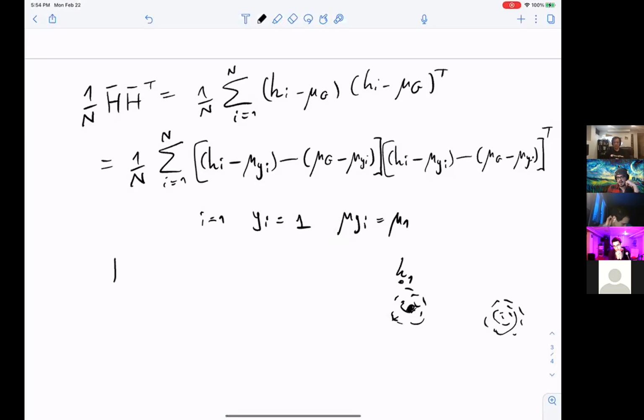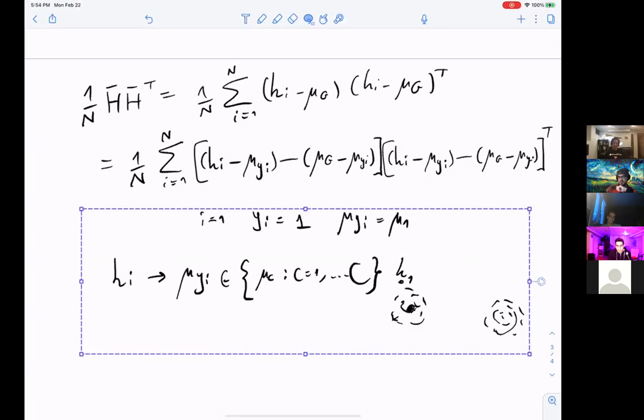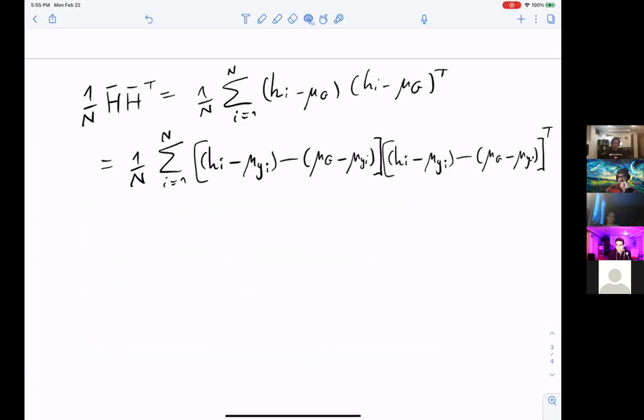To each hi, I can assign its corresponding mu yi, which is an element in the set of mu c, where c goes from 1 to capital C. It's just a class mean. Does this make sense? Makes more sense. I mean, there is a correspondence between hi and the label, right?